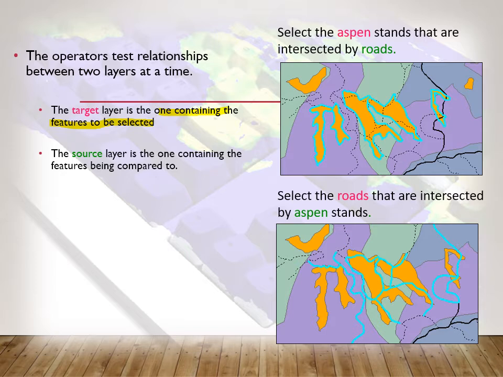The source is the one containing the features being compared to. Okay, so we want to select aspen stands. So that means the target layer is our aspen stands, and we're comparing it to the roads layer.